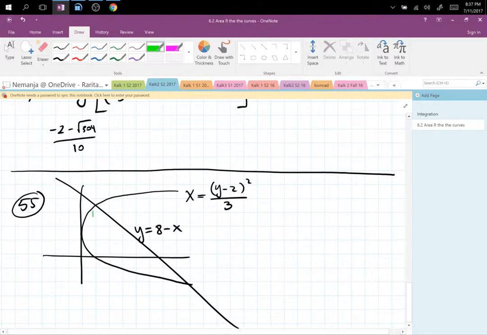Clearly we're looking for the area in here. Obviously 44.5.